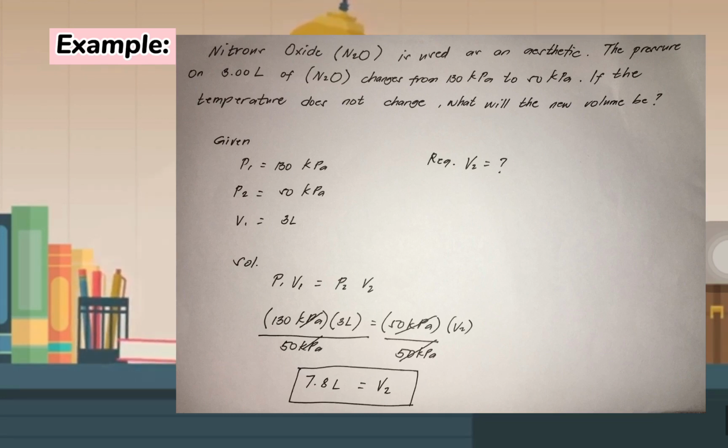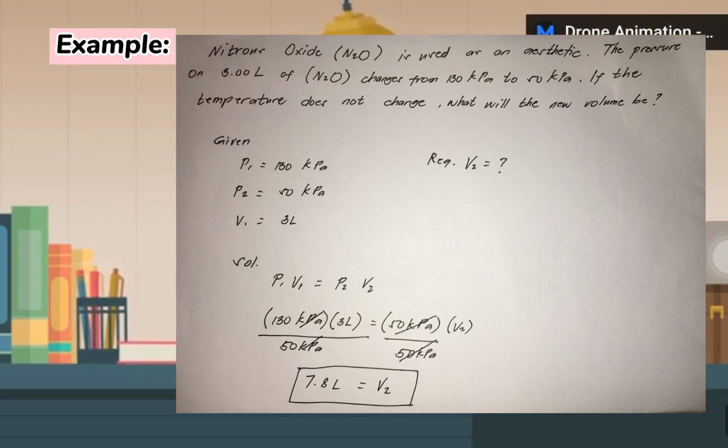So we cancel on one side, and on the other side, we cancel the units only. So the remaining will be 130 times 3 liters divided by 50, and the answer will be 7.8 liters. This will be our second volume, and this will be our final answer.